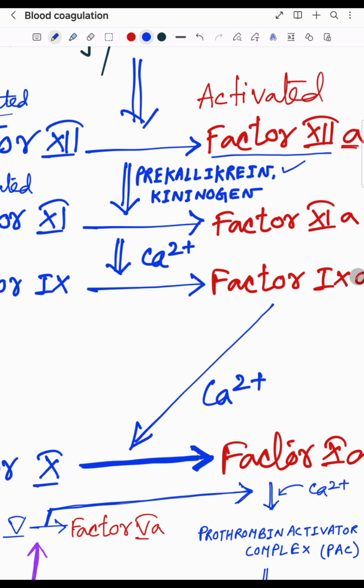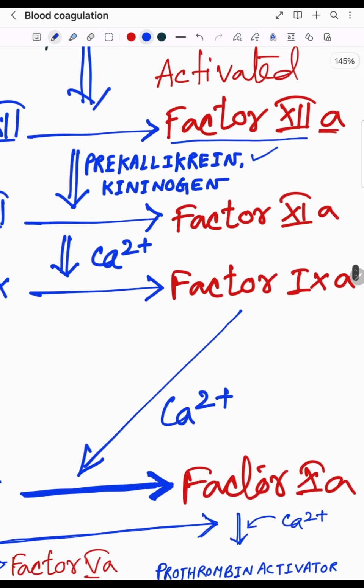It's the pre-form of the kallikrein molecule, which is a protein, and pre-kallikrein will produce kallikrein. This kallikrein will produce kininogen, and this kininogen will produce bradykinin.